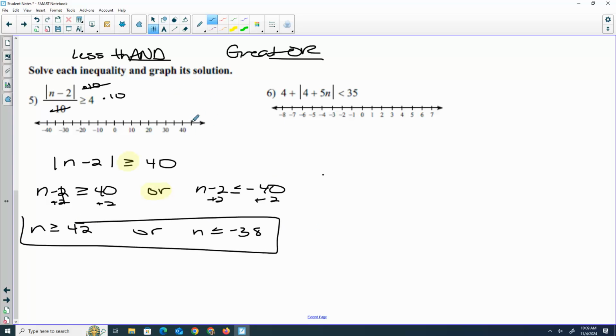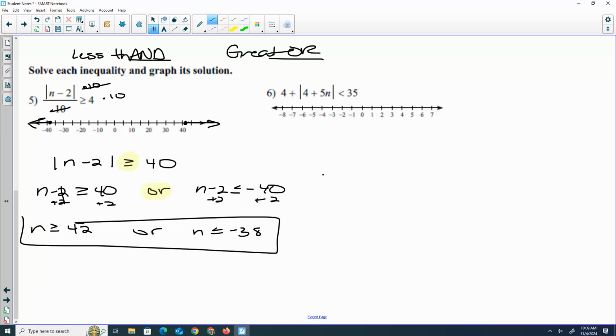So greater than or equal to 42, closed circle at 42, approximate it as best you can, going to the right. Less than or equal to negative 38, be closed circle at negative 38, going to the left. So if it's greater or, you're going to have 2 separate pieces. You have to get the absolute value by itself before you try to write the 2 pieces.